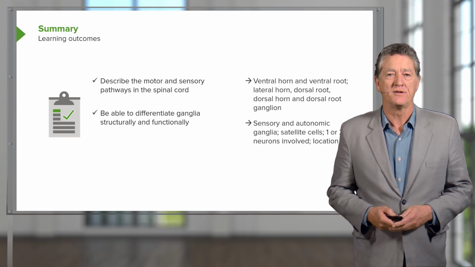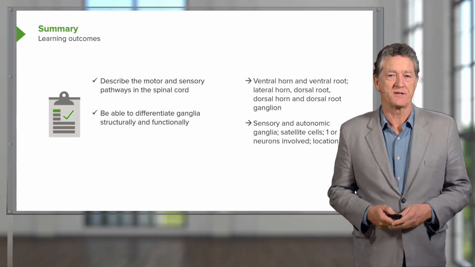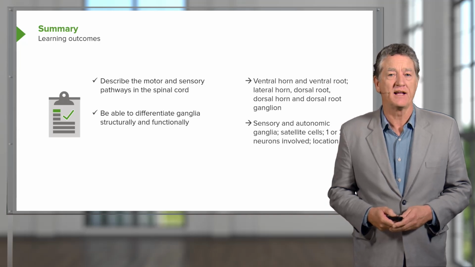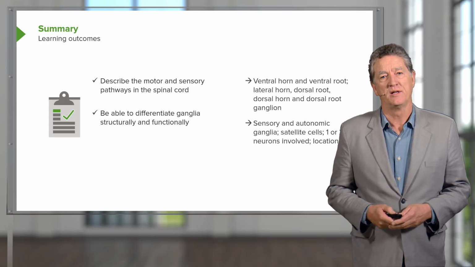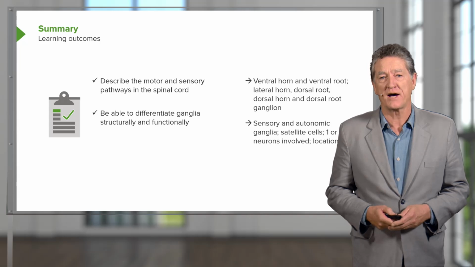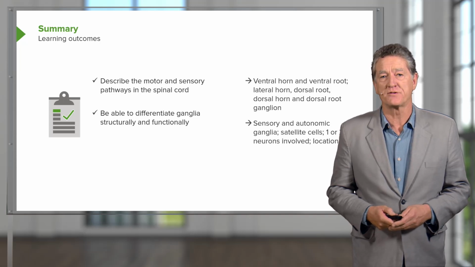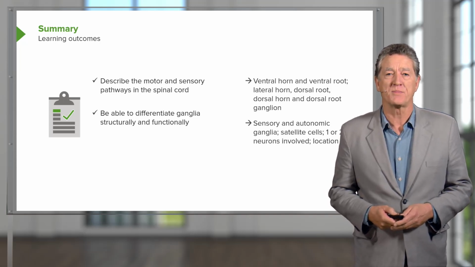Similarly, you should know the sensory pathways, both the somatic sensory and the visceral sensory pathways. And again, also be able to locate within the spinal cord where those pathways travel and what structural components in the spinal cord relate to those sensory pathways.